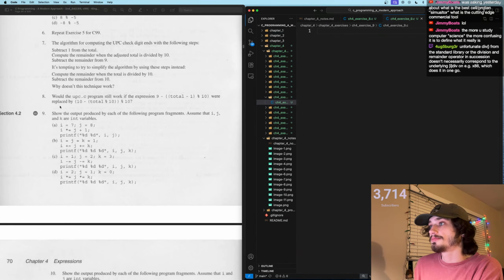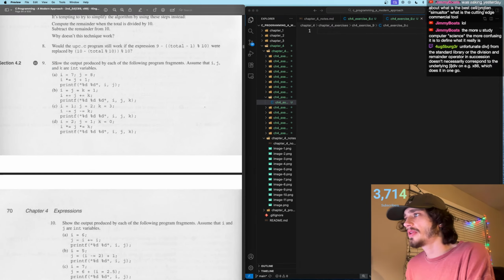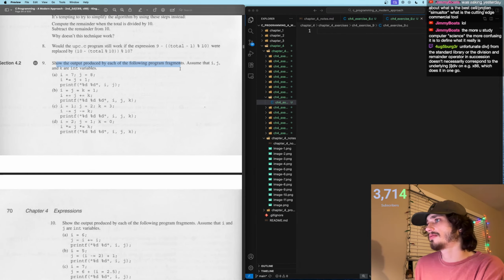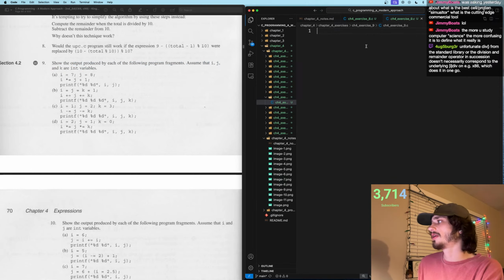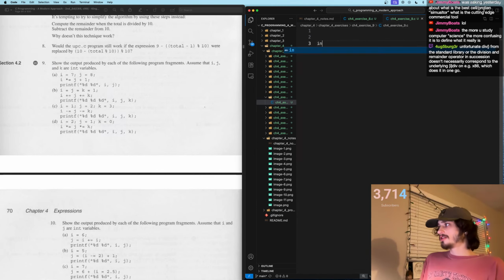Okay, number 9. Show the output produced by the following program fragments. Assume that i, j, and k are int variables. Okay, cool. This one's gonna be fun. So let's do int main void, and let's open this up.